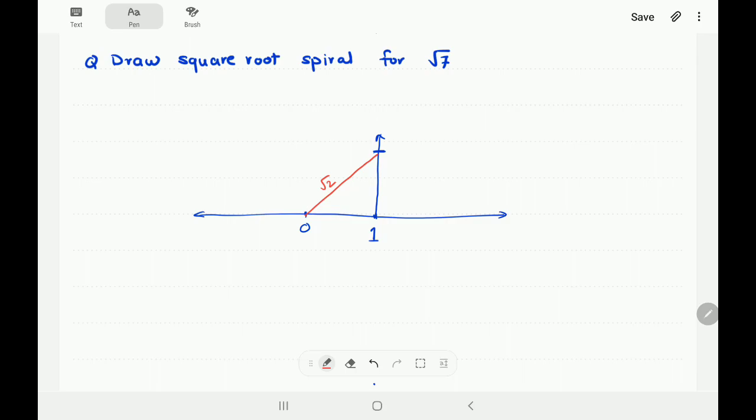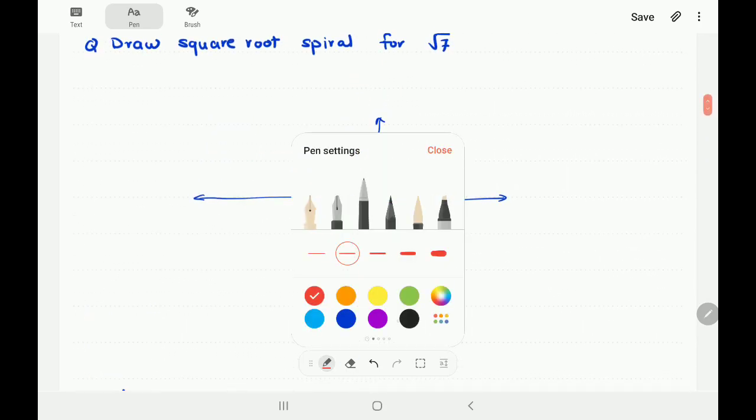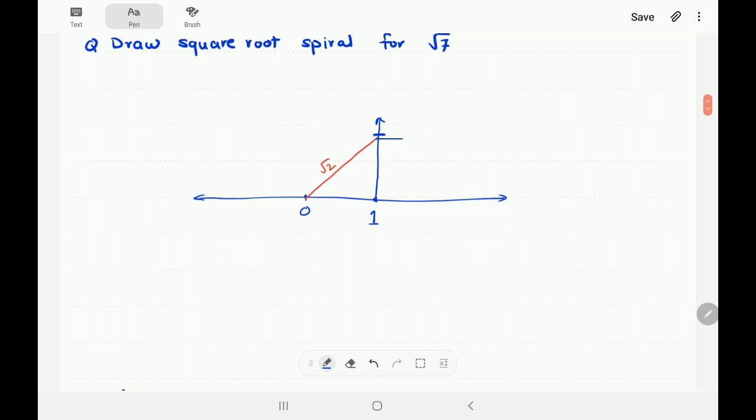Okay. Now what I will do, I will draw a perpendicular on root 2 in this manner. You can check. Perpendicular on root 2. Got it? Here I'll take another 1 unit. Same unit, 1 unit.